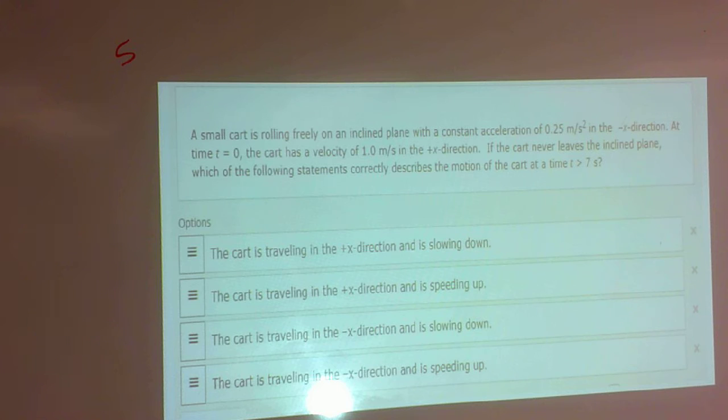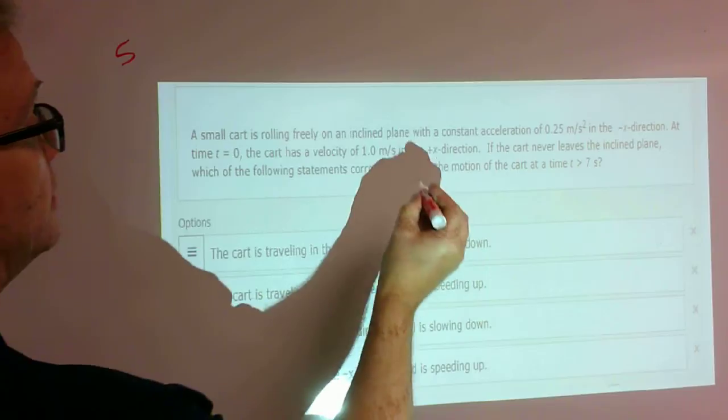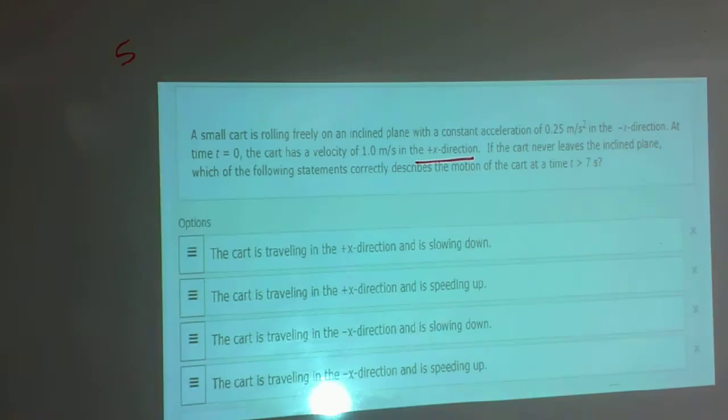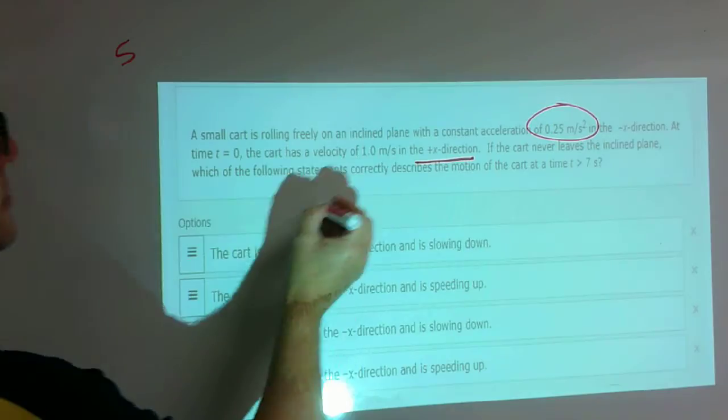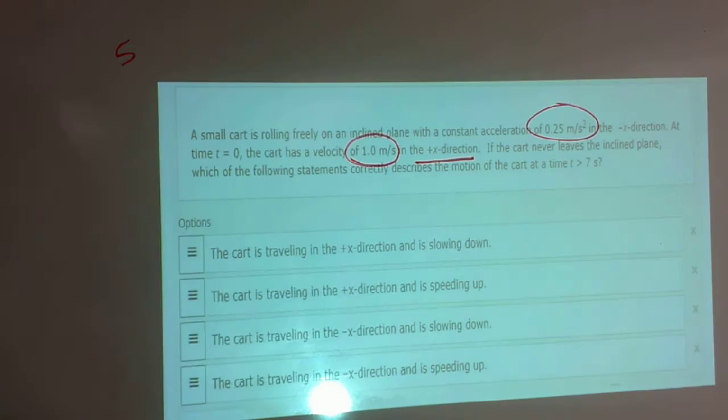What you have to kind of think as you're doing this is we look at the positive direction and my acceleration. This is less than 1 meter per second squared.